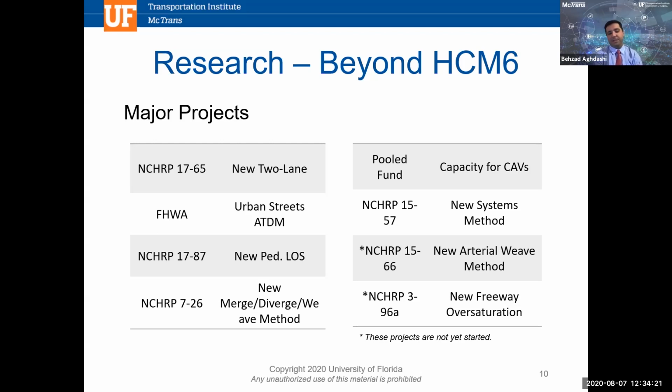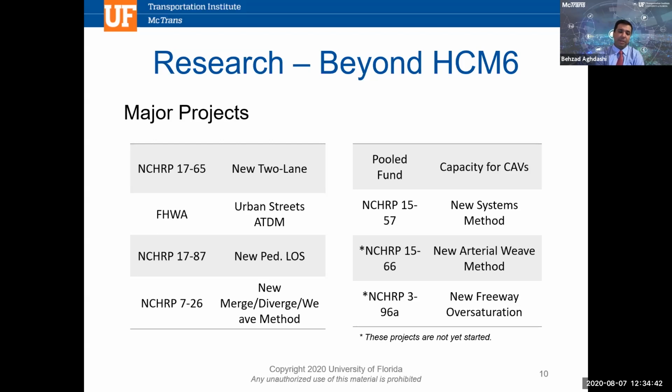Around 2016-17, a Federal Highway Administration funded project ended, and a new urban streets active traffic and demand management methodology got generated that enables us to analyze, for example, active traffic demand management in urban streets.